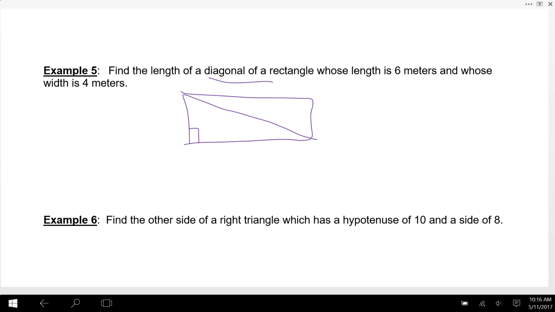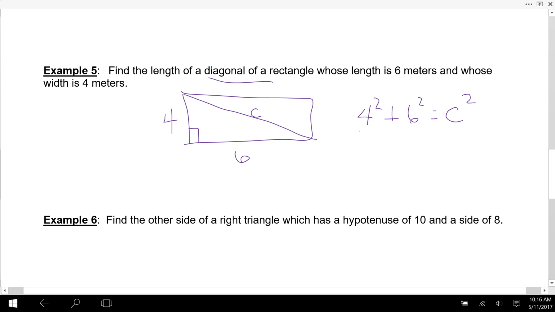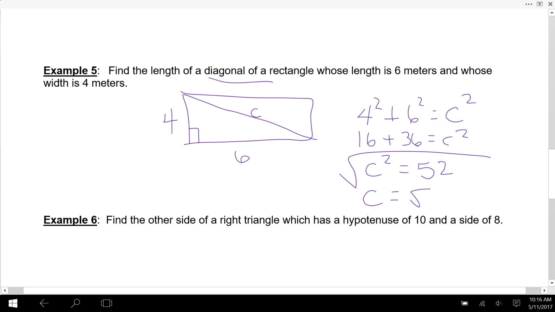So I have a length of 6 and a width of 4, and I'm looking for my C. So I have 4 squared plus 6 squared equals C squared. 16 plus 36 equals C squared. C squared equals 52. Square root everything. C equals the square root of 52.